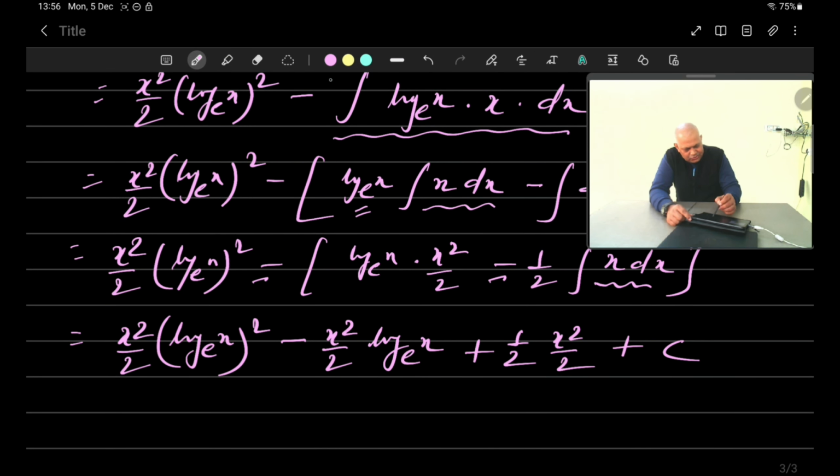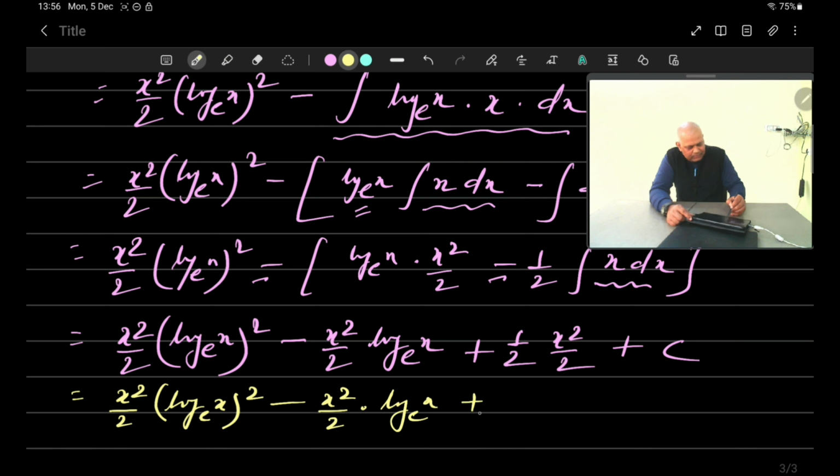So my dear student, the final answer of this question will be x squared by 2 times (log x) whole squared minus x squared by 2 times log x plus 1 by 4 x squared plus c. So you have seen here all the solutions of these 4 questions by using the ILATE rule.